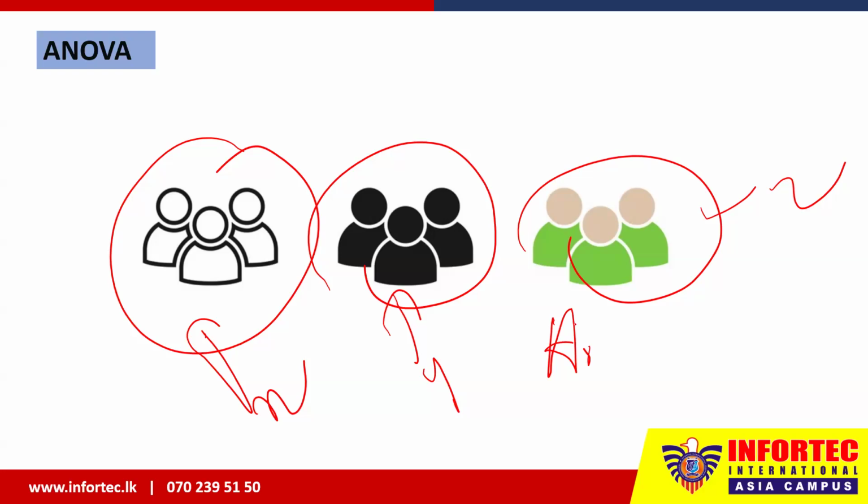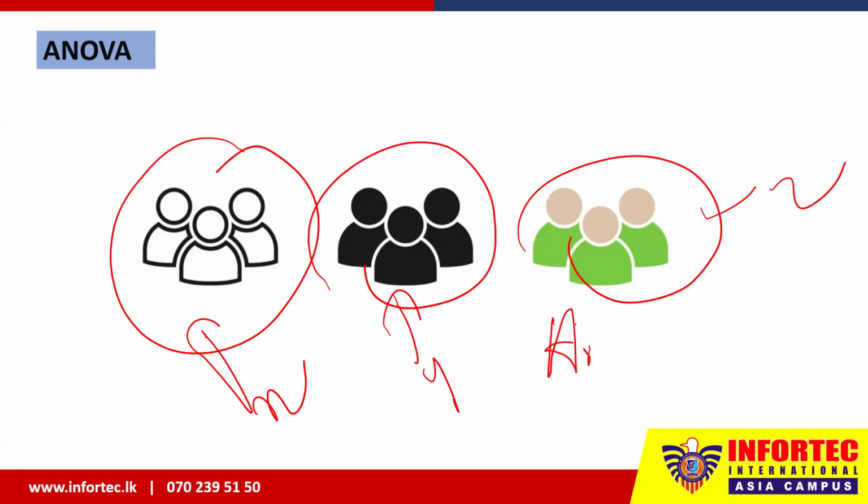Independent, no? Very good. Because if a particular child belongs to a particular village, she or he can't be present in another village, no? So definitely it's independent. So when you are considering ANOVA testing, the samples are independent samples, okay? Because we are considering three or more, those samples are independent samples.